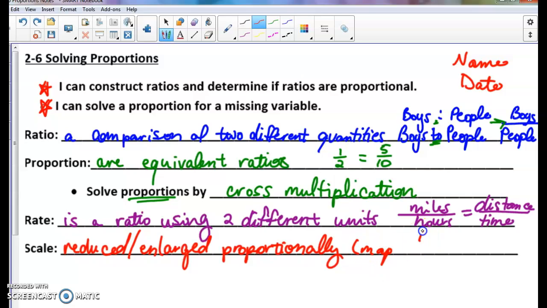Like if you have 1 inch is a mile, because it has been reduced. If you get the whole map of the country on a piece of paper, of course it's been reduced down. And so it has a scale that tells you a centimeter is 100 miles or something like that, depending on how big or how small your scale is. And there we go. That finishes up for vocab. We'll dive right into the examples.